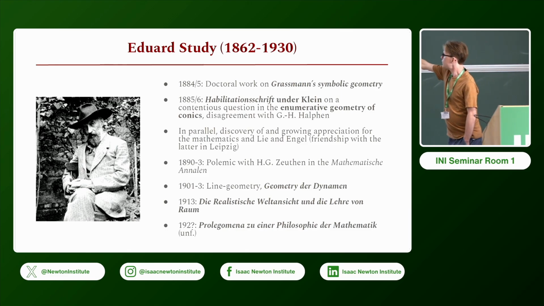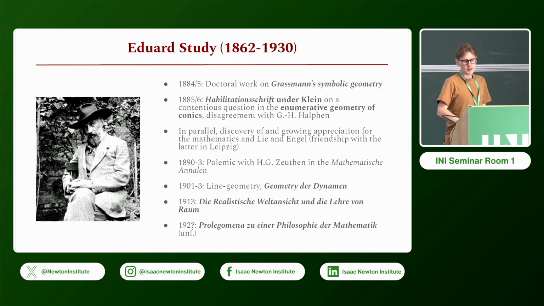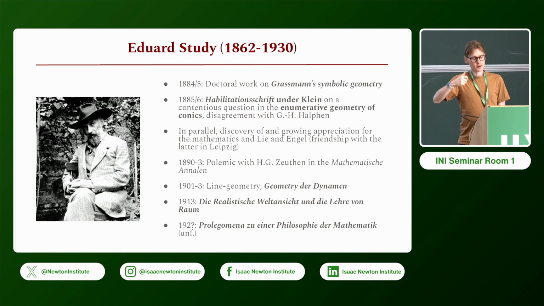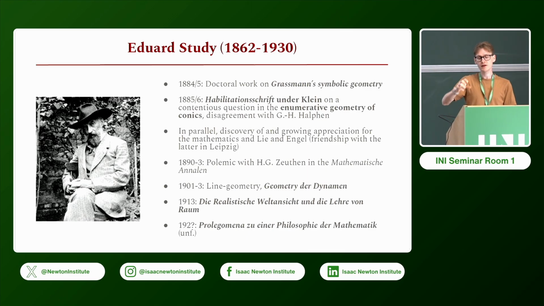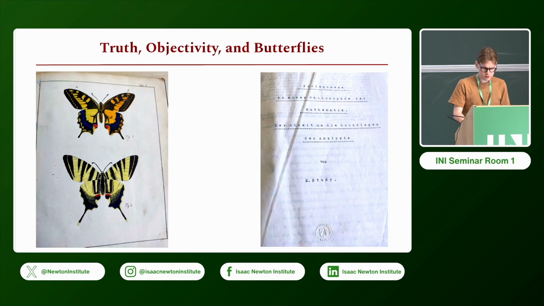And in his unfinished manuscript, Prolegomena to a Philosophy of Mathematics, which is in his Nachlass in Bonn, he spends pages upon pages of very polemical writing to rail against the formalists and the people who think that mathematics is purely this human creation, and trying to instead drive home the point that mathematics is a science that deals with real objects that have the same ontological robust solidity and permanence as the objects of the world around us.